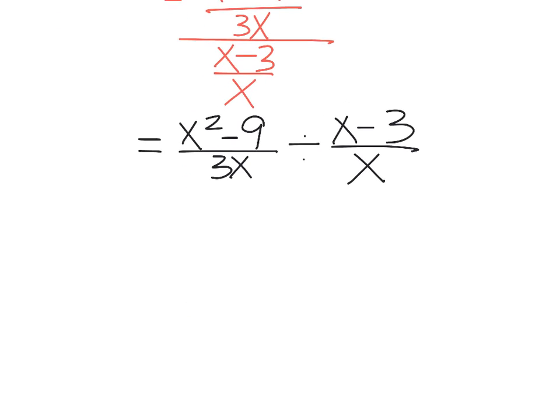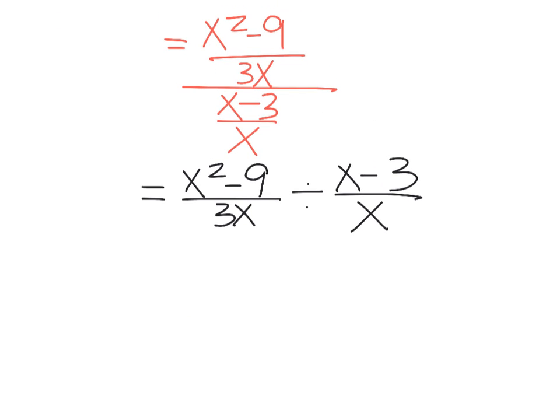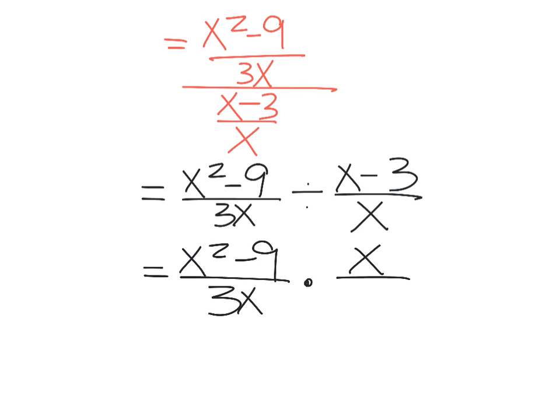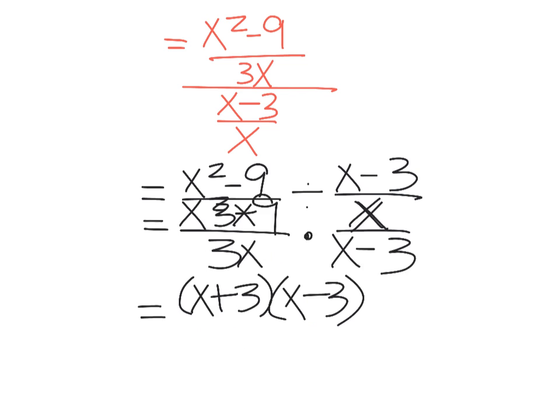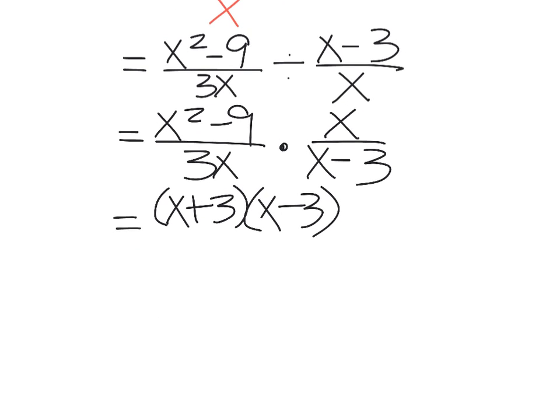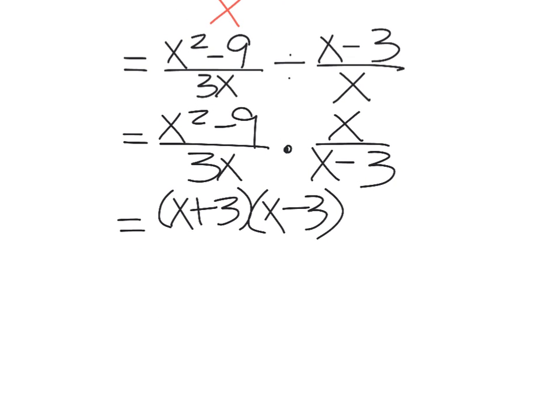Now we're just simplifying, so I'm going to scoot everything up. Copy, change, change. Now it's just a division problem. So we change it to multiplication, flip the second one, and factor out our x squared minus 9, a difference of squares, so we get x plus 3 times x minus 3, all over 3x, times x over x minus 3.